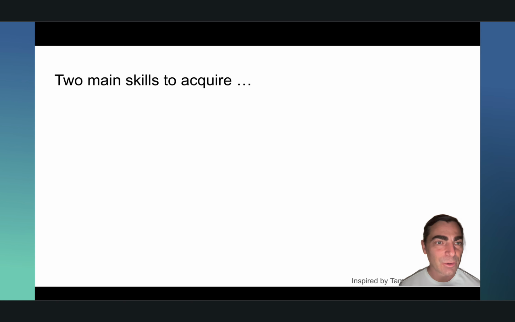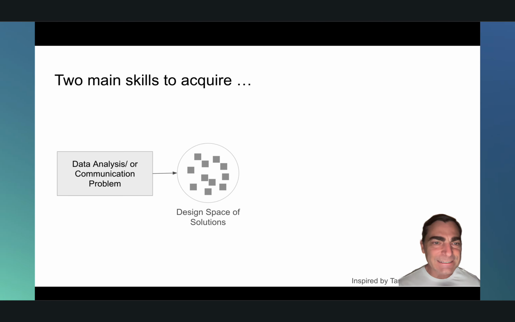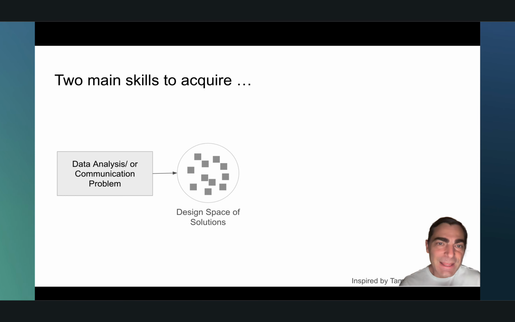This is inspired by work by Professor Tamara Munzner. She has a very similar diagram in her book. If we have a data analysis or communication problem and you are a visualization designer, what you have to do is explore the design space of solutions.